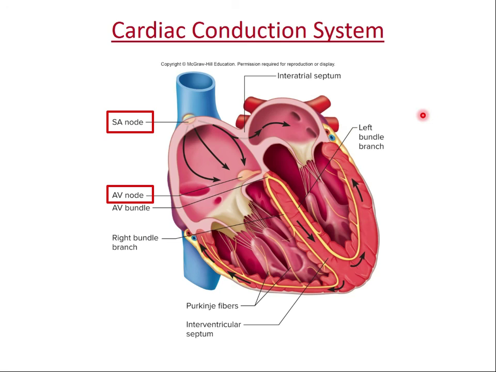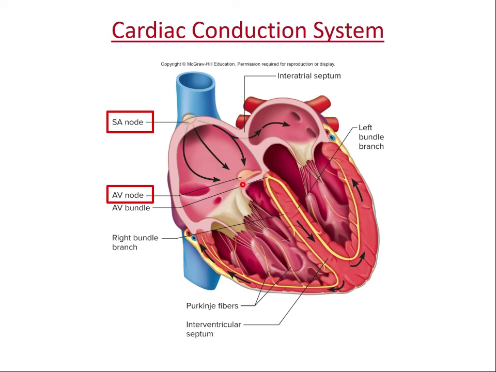So when the heart is contracting rhythmically, we have two nodes that make sure that this electrical conduction through the heart goes in a proper regulated manner unidirectionally. Main controller is the SA node, sinoatrial node, and when that starts to generate a signal, that will go through both the atria and it will come to this AV node.